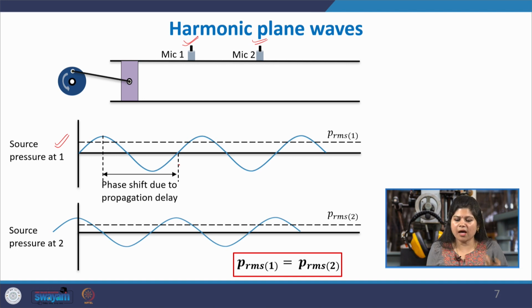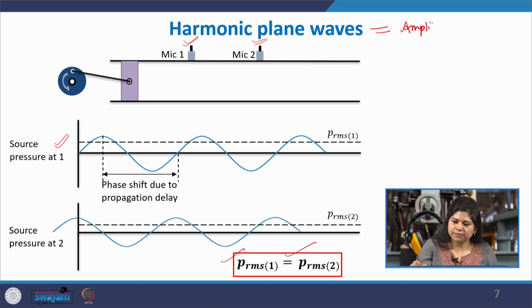It has a certain RMS, or root mean square, pressure, and then we measure the pressure at a certain distance away at microphone 2, and we get the same pressure wave. The only difference is there is a difference in the phase, but the amplitude is the same, and therefore, the RMS also remains the same.